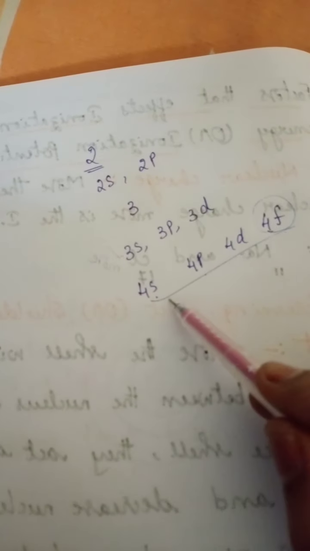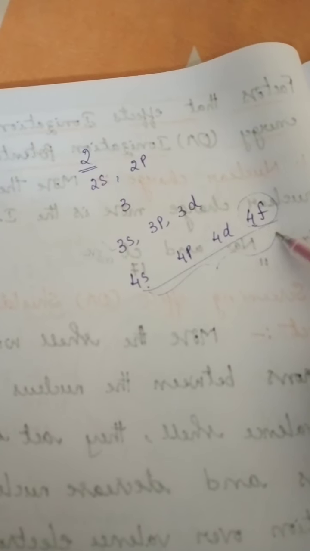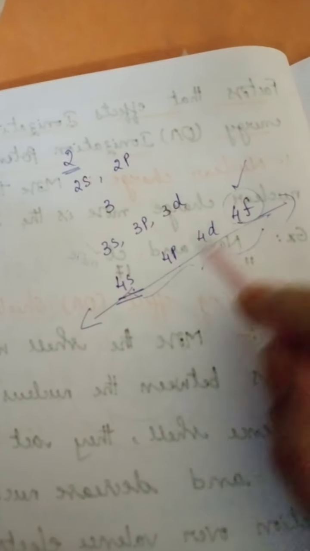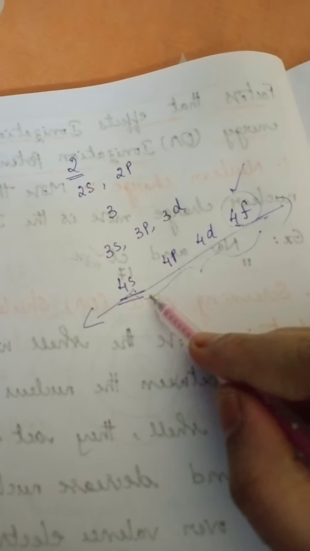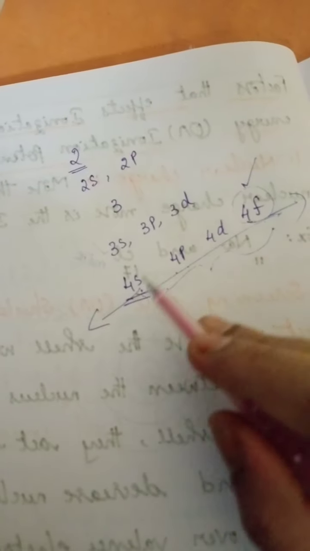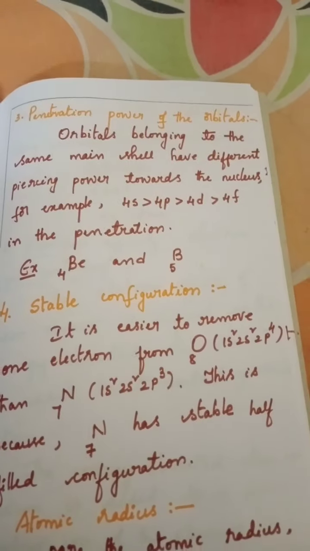So here the f orbital will be the valency shell. Though it is the same shell, it is easy to remove an electron from the f orbital rather than the s orbital, because the s orbital is close to the nucleus and the f orbital is far from the nucleus. Even though they belong to the same shell, you have to supply more energy to remove an electron from the s orbital than from the f orbital. That is penetration power.